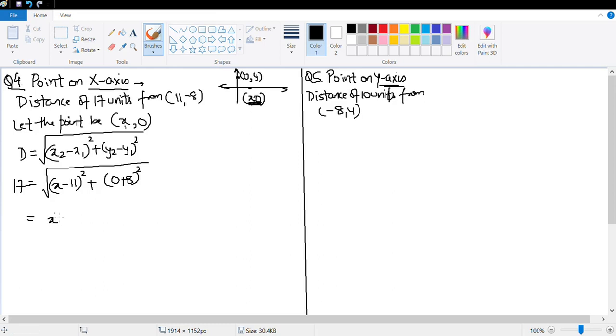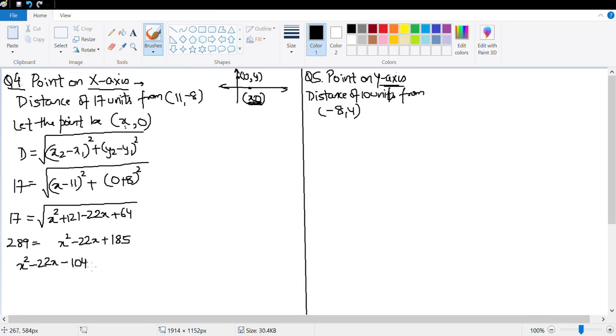Now this will be x square plus 121 minus 22x plus 8 square is 64, the square root of this is 17. Let's square both sides, so this will become 289 is equal to x square minus 22x plus 185. Let's take everything on one side, so it will be x square minus 22x plus 185 minus 289, that's minus 104 is equal to 0.